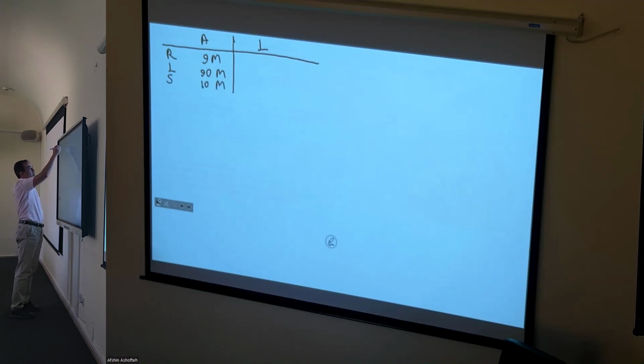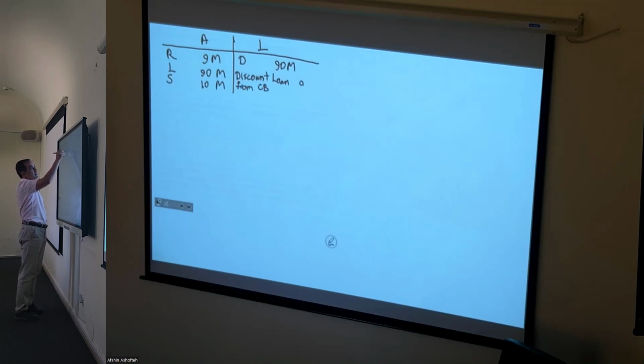But on the liability side, we have the deposits, that is 90 million, and we have the discount loan from the central bank, for example. So that is 9 million here. And the bank capital, that was 10 million, okay?